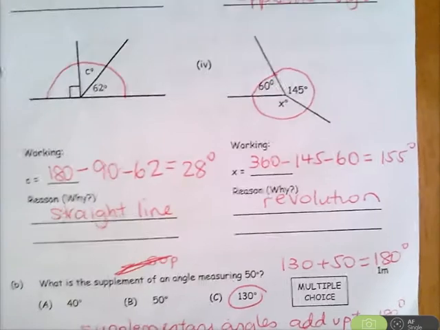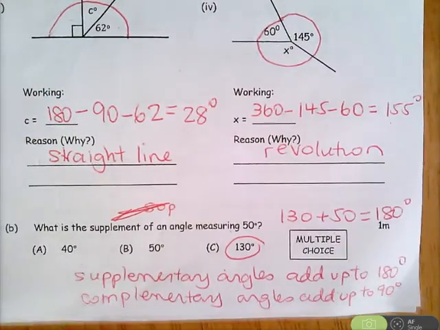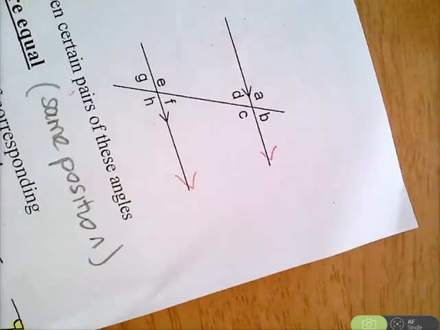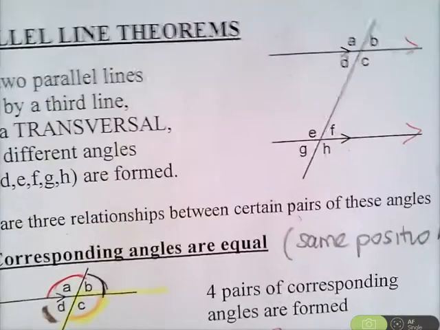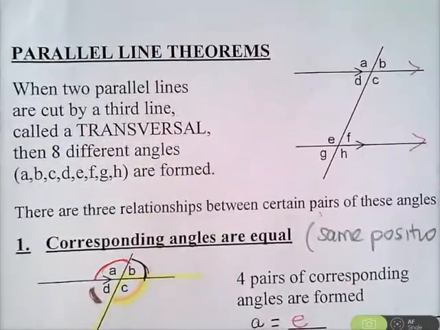Okay, and we worked out the supplement of the angle. Also in class, we did this page, the parallel line theorems. Okay, so we worked out what corresponding angles were, which are like those F angles.